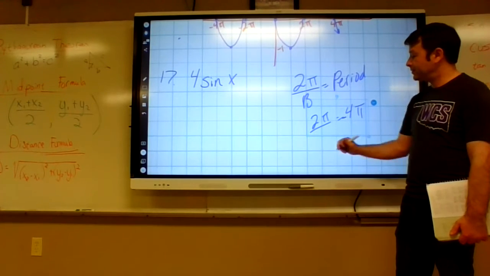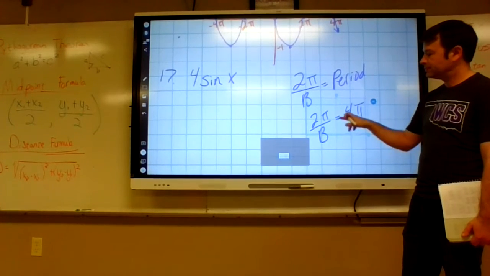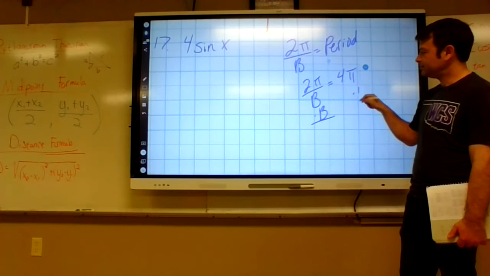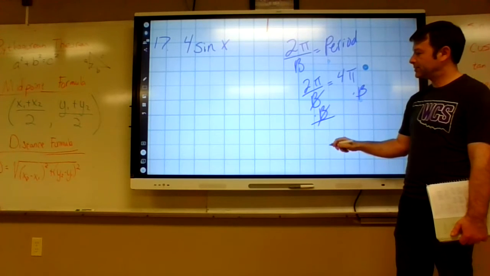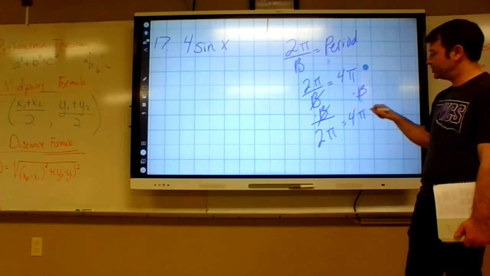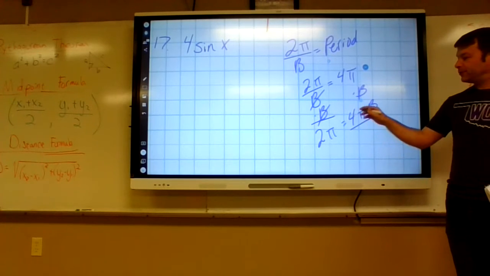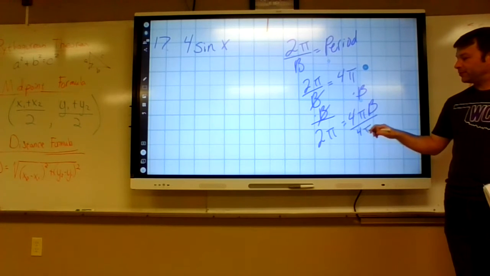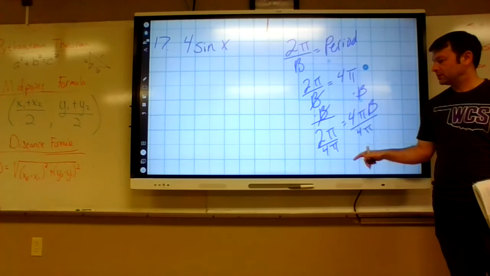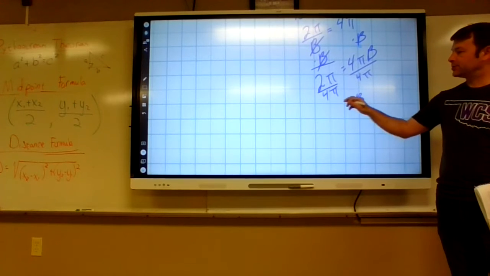How do you solve this for b? If you multiply by b, that cancels out. You get 2 pi equals 4 pi times b. And then you get rid of the 4 pi by dividing by 4 pi. 2 pi divided by 4 pi is 1/2.